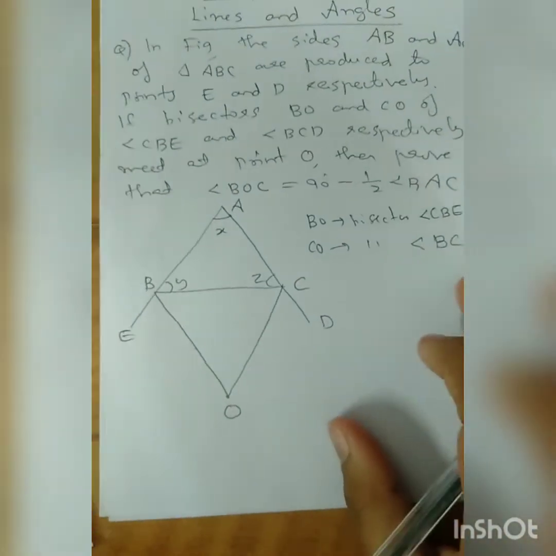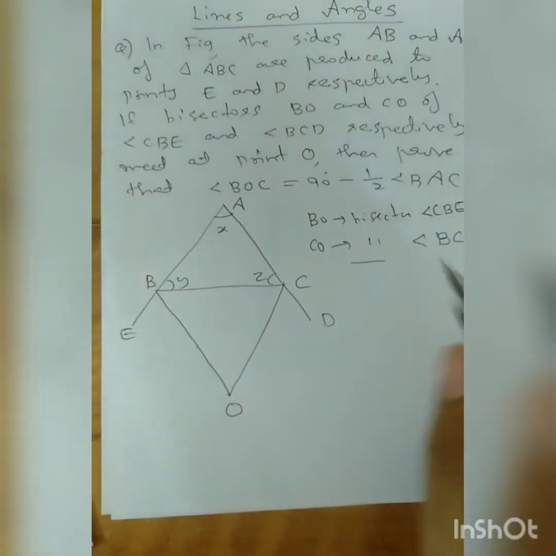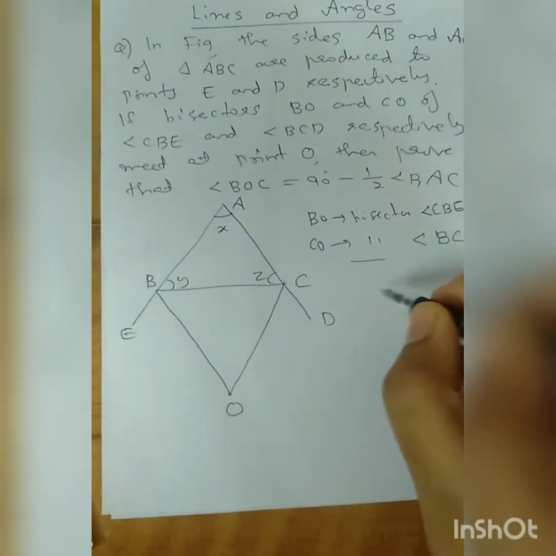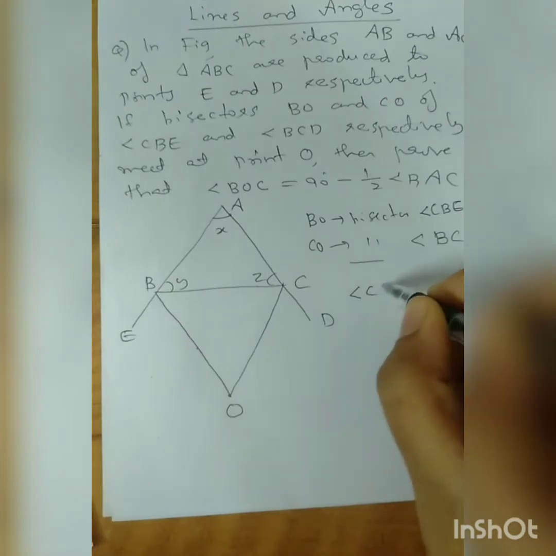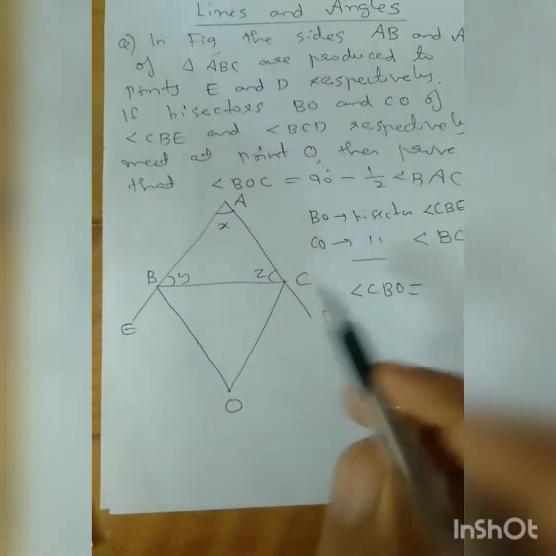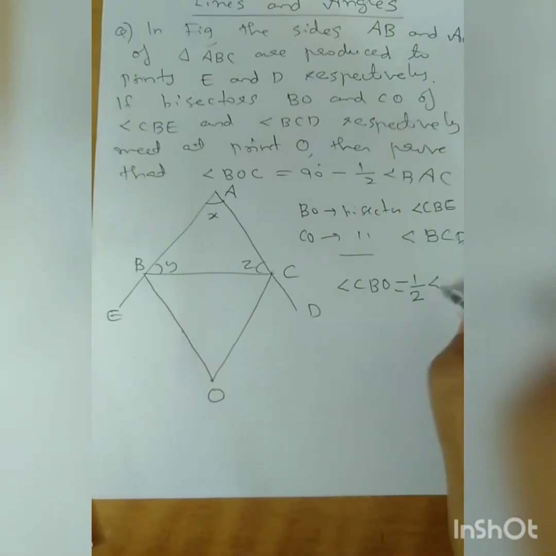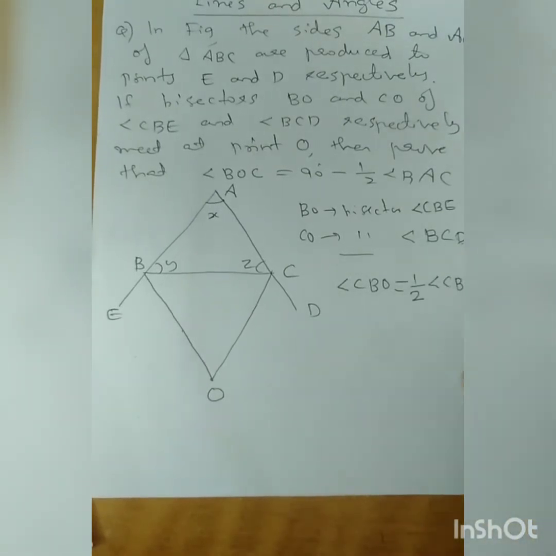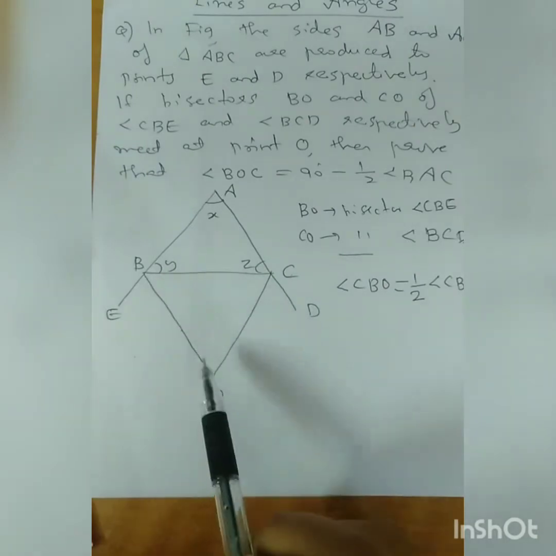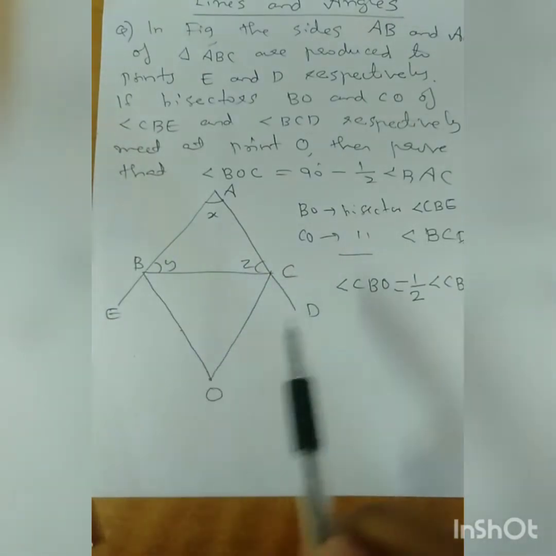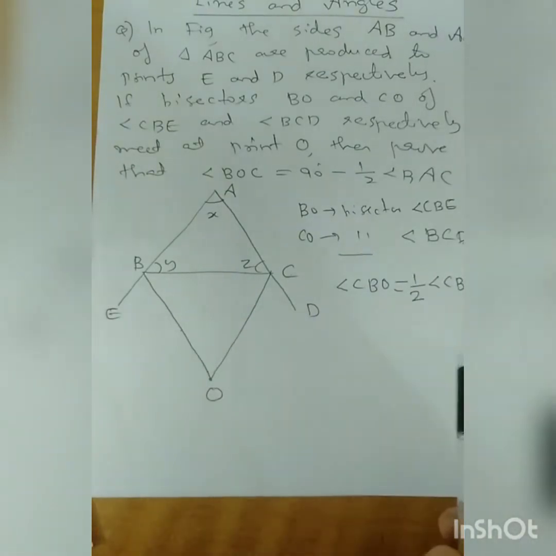So first, BO is the bisector of angle CBE, therefore angle CBO is equal to half into angle CBE.